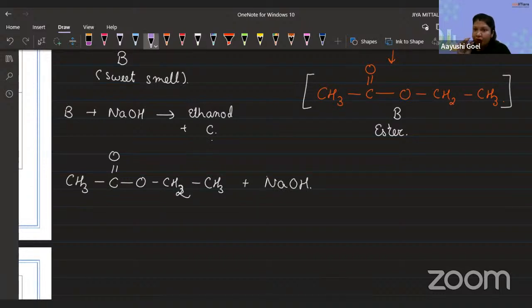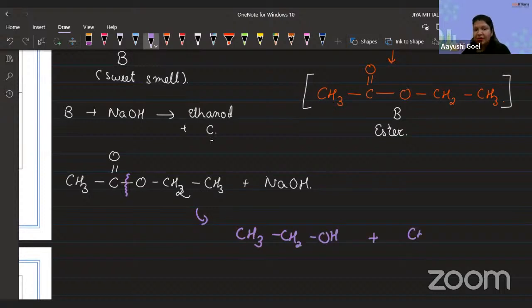The bond from where it is formed, it is going to break from the same position. So it is formed here, so it is going to break from here as well and give you CH3CH2OH, that is ethanol, plus the C compound.